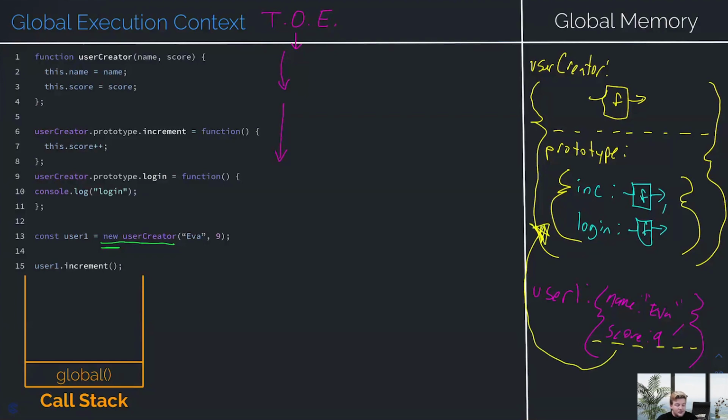We are creating a new instance of user creator. So the new keyword automatically creates this link between our new user1 object and that prototype object stored on user creator. And it's that bond, it's that link that allows any methods on that prototype object to be accessible or to be referenced by any of our newly created user objects.